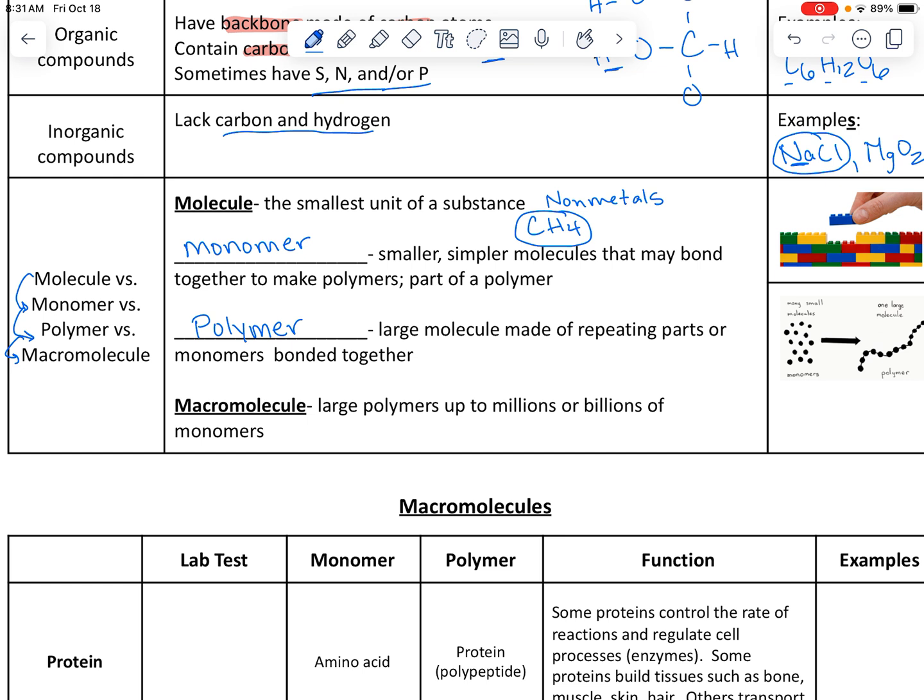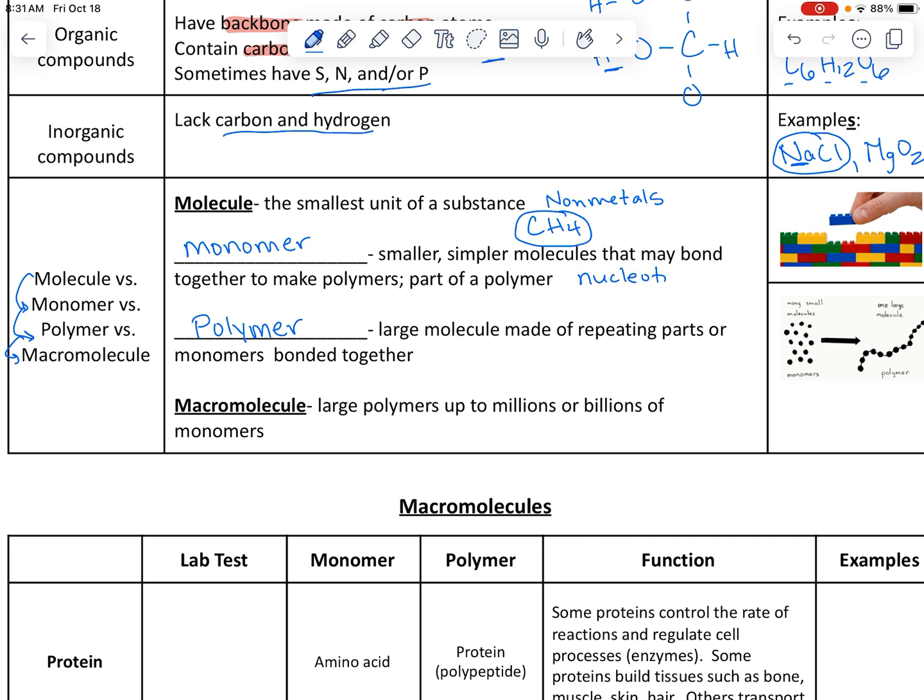So polymers are larger molecules with repeating parts, those repeating monomers. We've actually already talked about a polymer, and that would be DNA. And no, DNA is actually a macromolecule. If we look at the entire strand of DNA, that's the macromolecule. The monomer of DNA we talked about was a nucleotide.